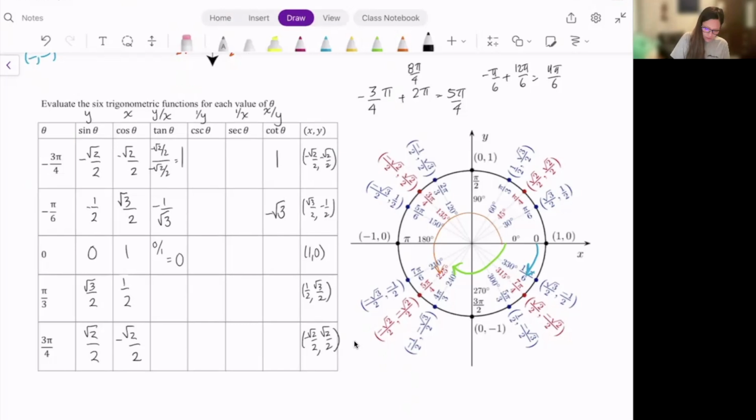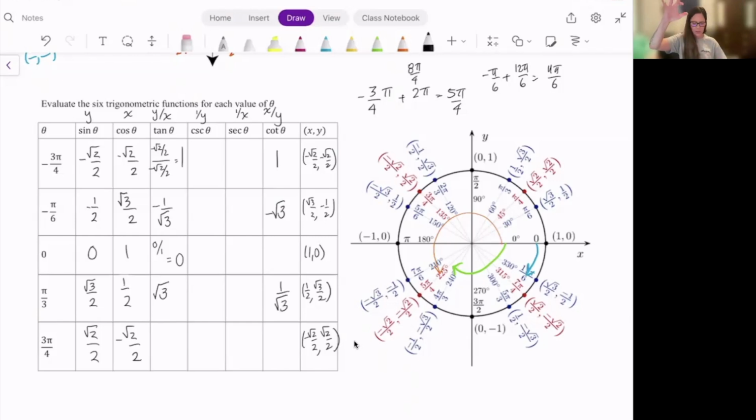For tangent here, I've got root 3 over 2 divided by 1/2, multiplying by 2 over 1 just gives me root 3. And the reciprocal of that is 1 over root 3.